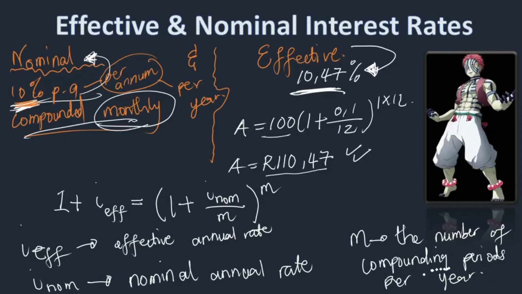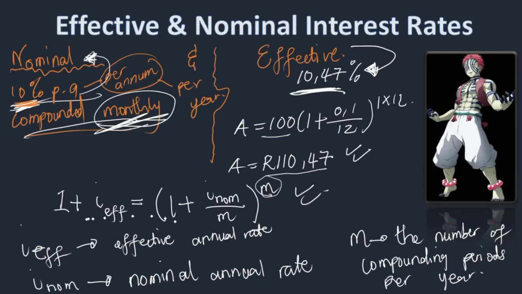In this situation, our money was being compounded monthly, so our m would be 12, because something that is compounded monthly is being compounded 12 times per year. Do you see that? So this is the formula that you will use to convert all your nominal interest rates into effective interest rates. Easy as that, guys.